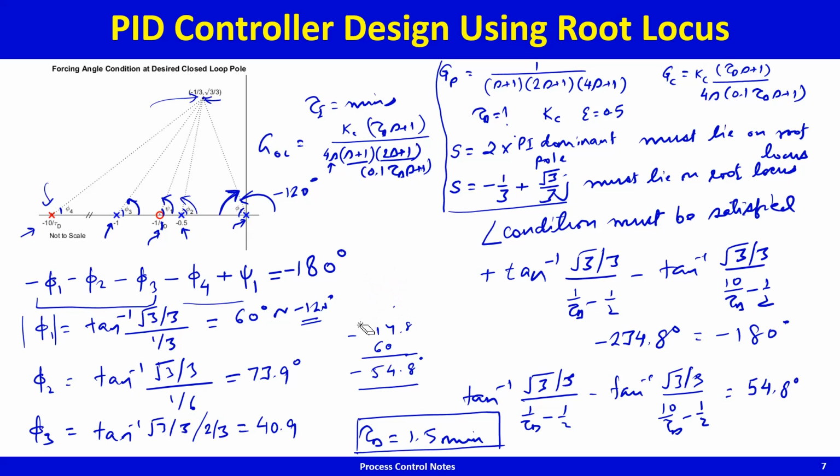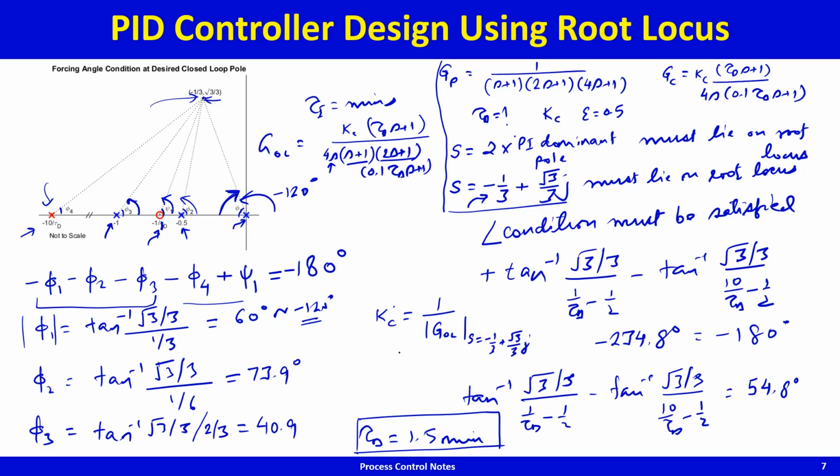And the remaining part is, what should Kc be? Well, Kc can be calculated quite simply by invoking the magnitude condition, which is basically saying that the magnitude of Kc is equal to 1 over the magnitude of G open loop calculated at the dominant closed loop pole, which here in this case is s equal to minus 1 by 3 plus square root 3 by 3 j.